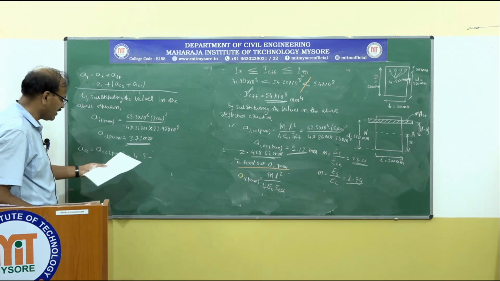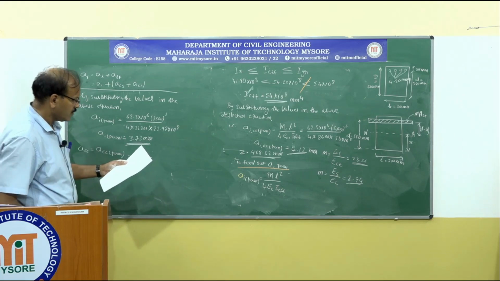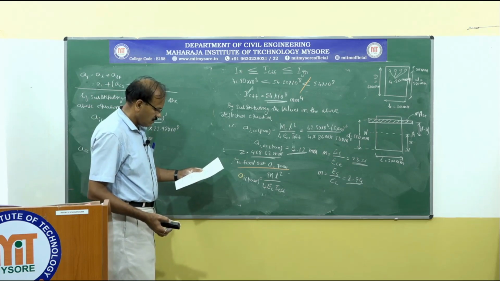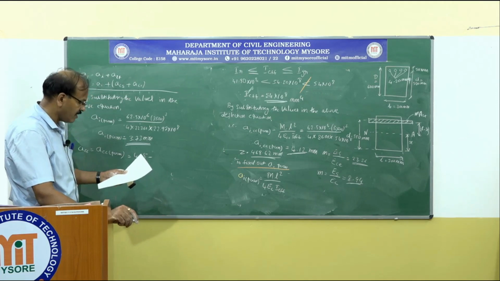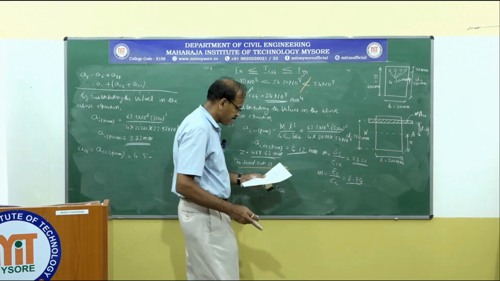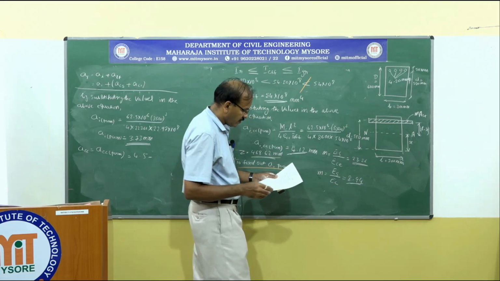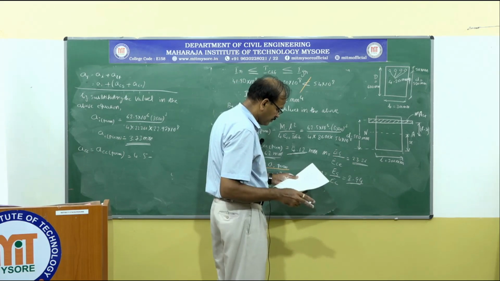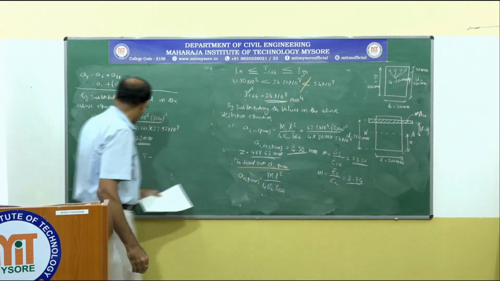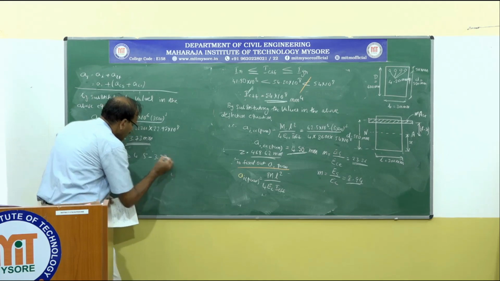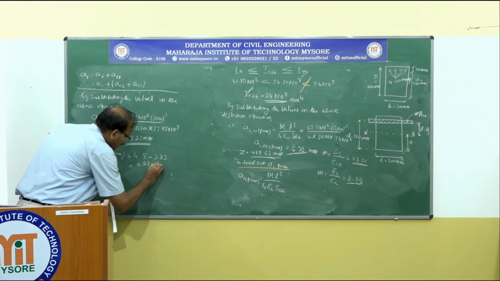AI permanent is 3.73 and the long term value is 4.50. So ACC permanent is 4.50 minus 3.73, that is equal to 0.77 millimeter.